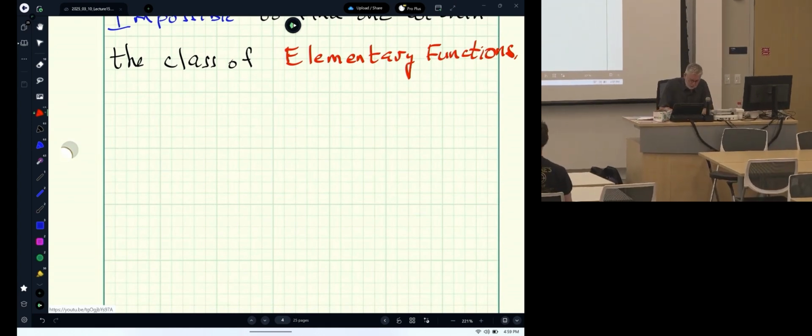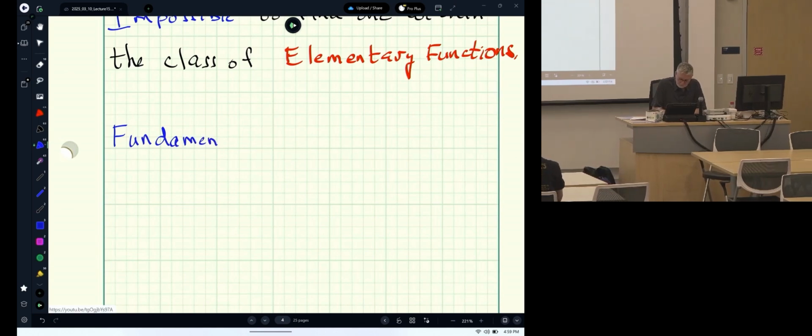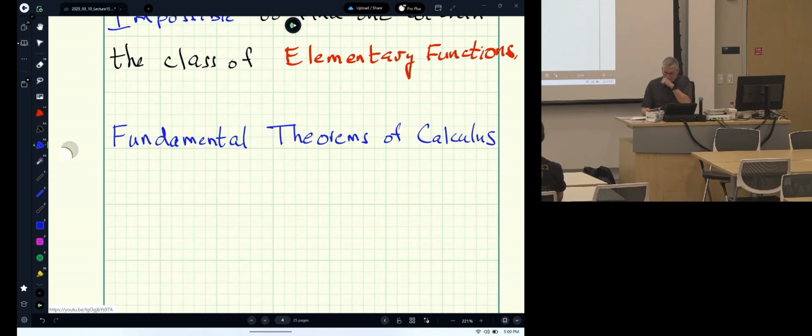Okay, so let's move on, nevertheless, to the fundamental theorems of calculus, because they're super cool. We'll state both of them. One of them says that every continuous function has an antiderivative. You just can't compute it analytically, but it does exist.